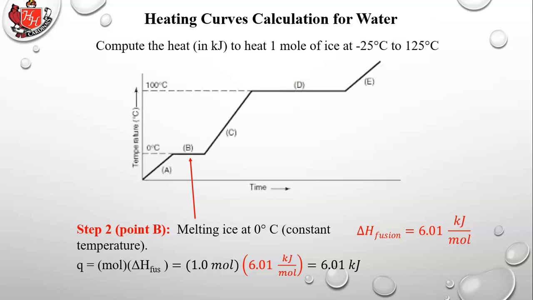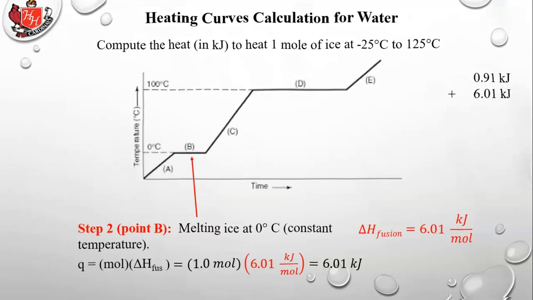Since we're melting the ice into water, we're putting in 6.01 kilojoules of heat. So moles is 1 mole. The heat of fusion is right there in red. That's a constant for water. And so you get 6.01 kilojoules. And so we're going to add that up above. You see in the upper right, 0.91 plus 6.01 kilojoules.